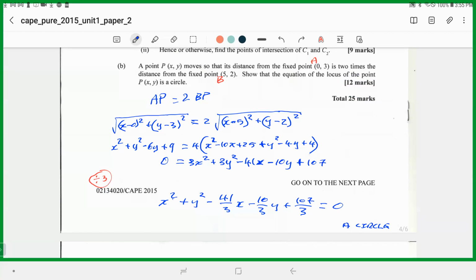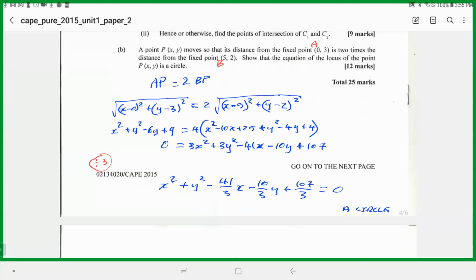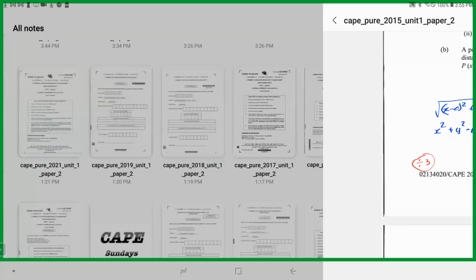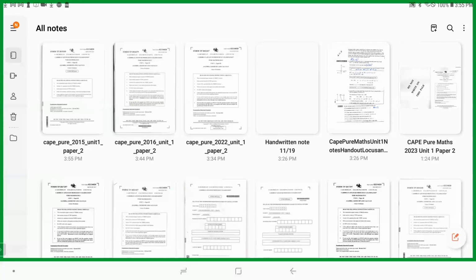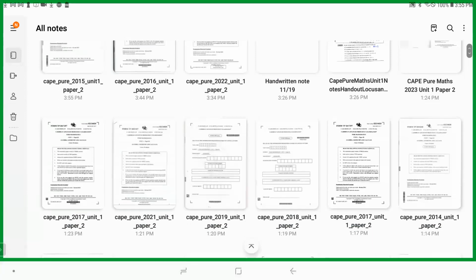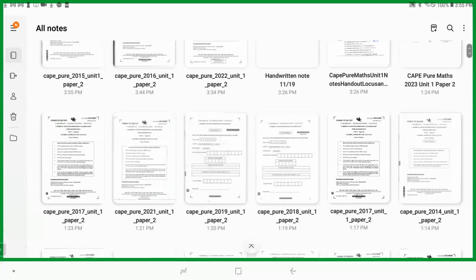All right. And then now there's one in 2015, 2014. I think 2014 is a straightforward one, like distance from a point. There's a certain distance.